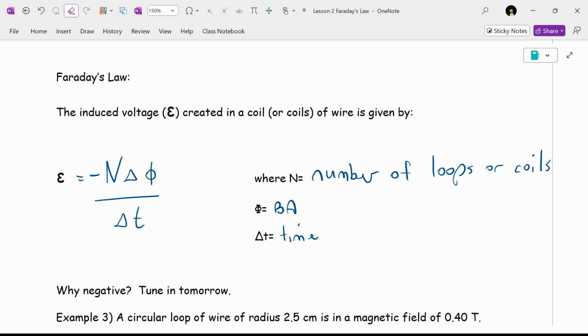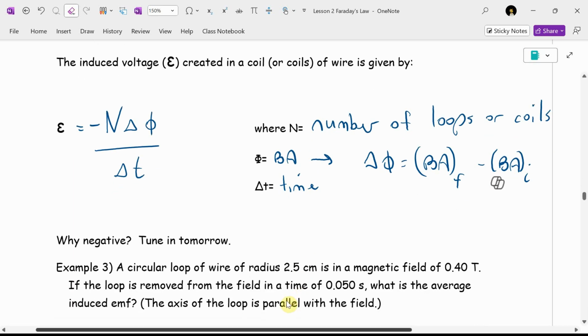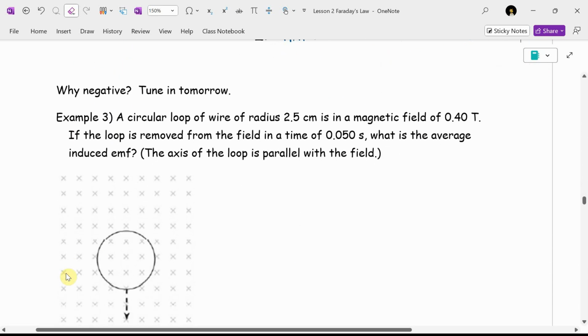And in fact, you're going to notice I stopped writing the delta because time is always changing. What's change in flux? What's change in anything? So change in flux is going to be BA final minus BA initial. Final minus initial. I wrote the negative, tune in next lesson.